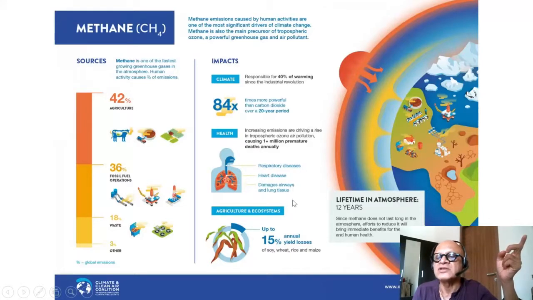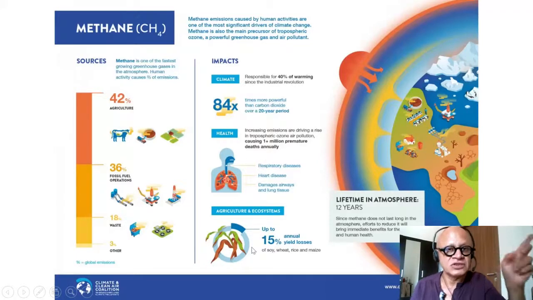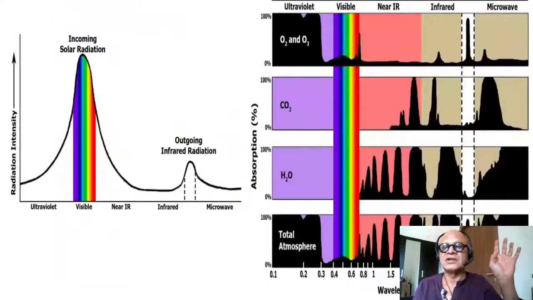Respiratory diseases, heart diseases, damages to airways and lung issues, and agriculture and ecosystem. There is an impact on them in terms of up to 15% yield loss, because ozone production actually leads to crop yield losses, even though there are some debates about it.